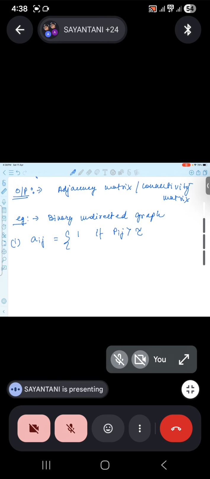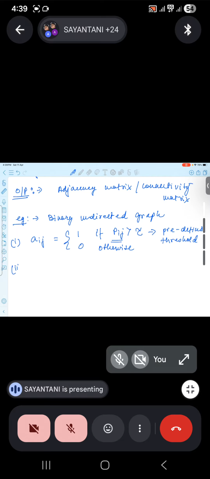The value is going to be 1 if this particular value, which can be your wavelet value, your magnitude coherence value or your Pearson value, is greater than tau. What is tau? It is a predefined threshold. Or it is 0 otherwise.